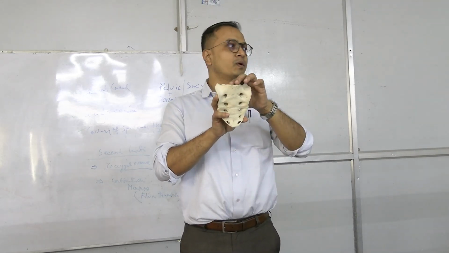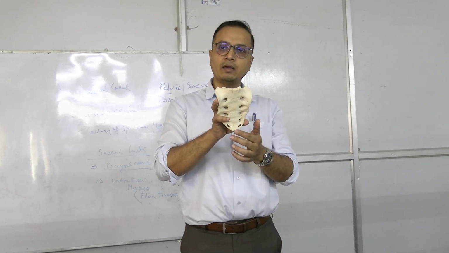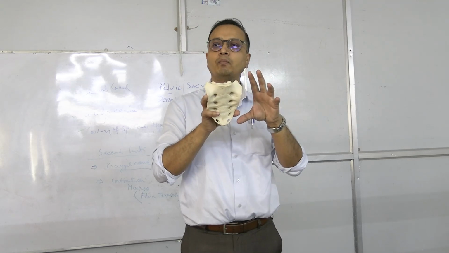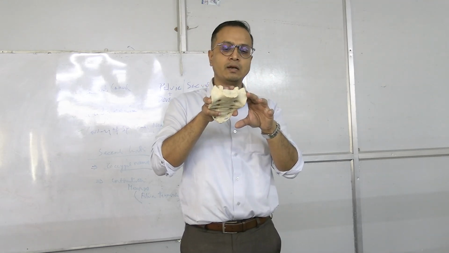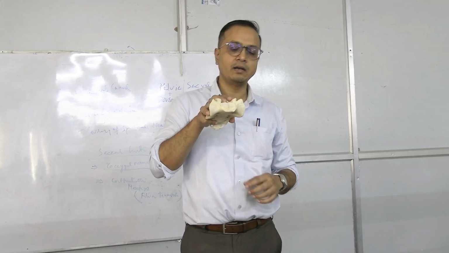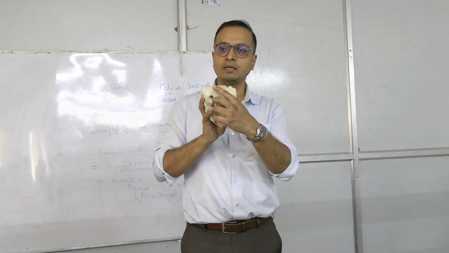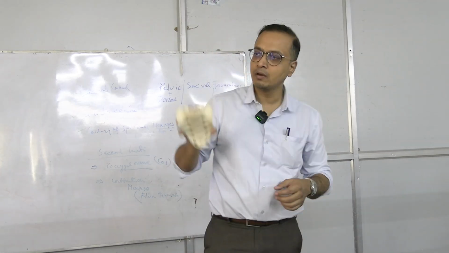Now the thing is that this particular sacral bone is tilted down. When you are standing in anatomical position, it is present in between the hip bones, and because of the position of the hip bones, this bone becomes tilted like this. So this anterior border which you are seeing here is tilted down. You have to tilt it as if the sacrum is picking up something from the ground.